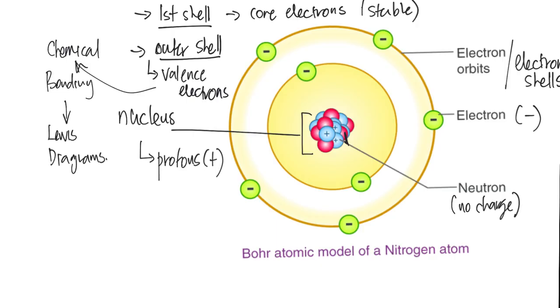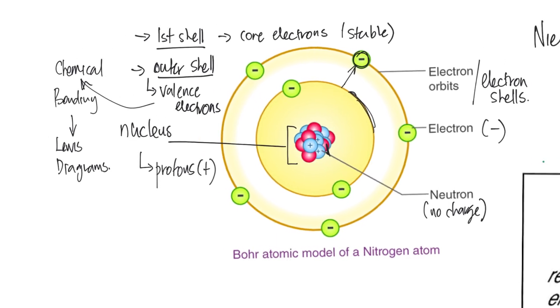So you have your pictures, you're just adding on notes. Our main focus today is to look at what these electrons are doing on these different shells and how they move from shell to shell under the right conditions.